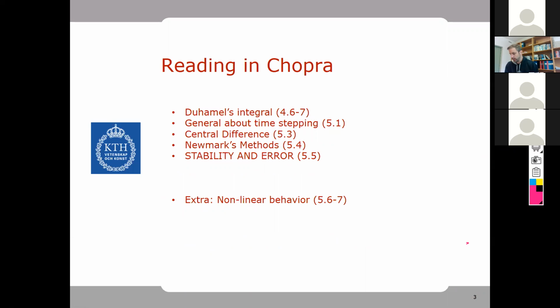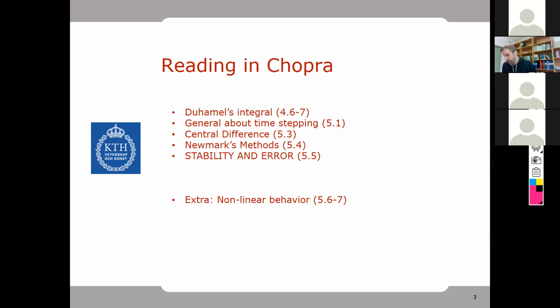Here you can see where the different sections are in the book, if you want to read it for yourself. We're not going to go through all of chapter 5, which is the one that primarily deals with the simulation of the dynamics of structures.